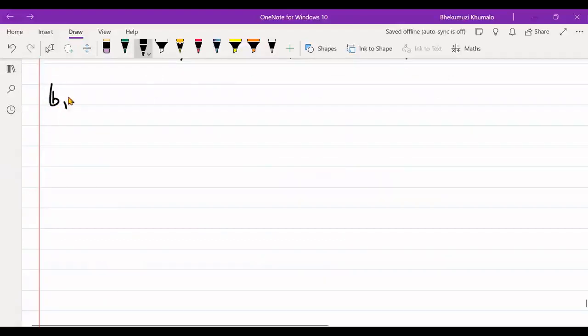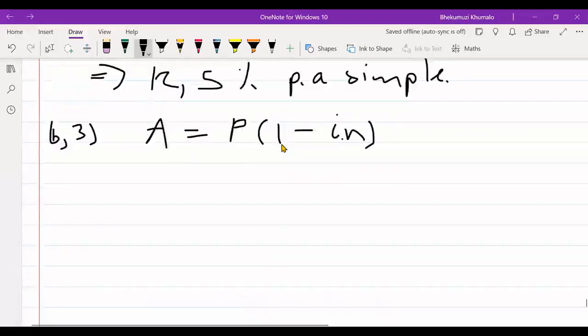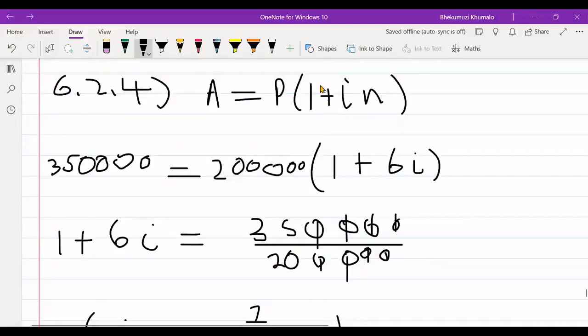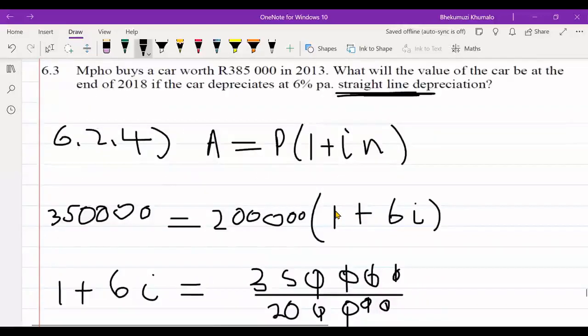We're using almost the same formula, but because it's depreciation, it's not plus, it's minus. Instead of plus, it is minus. This is appreciation, and this is depreciation.